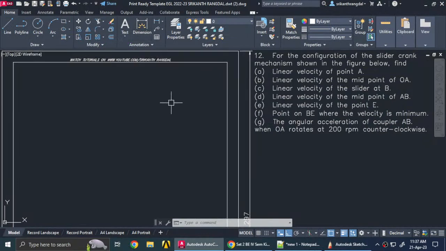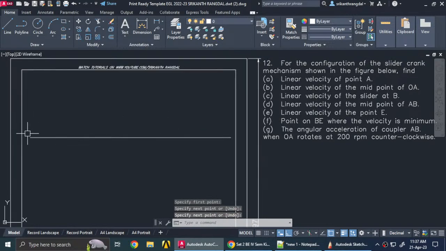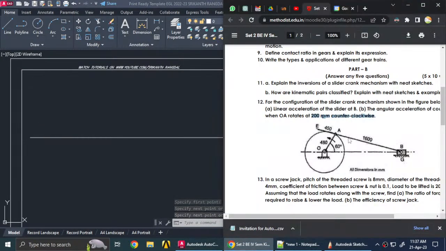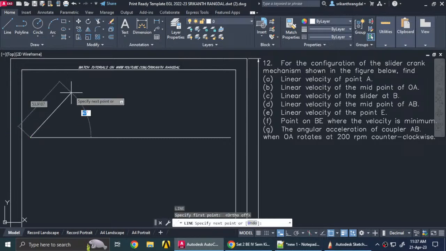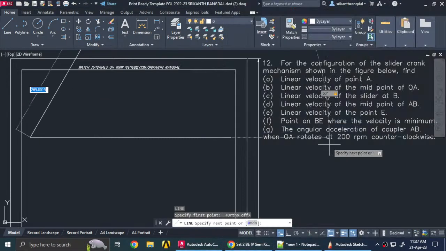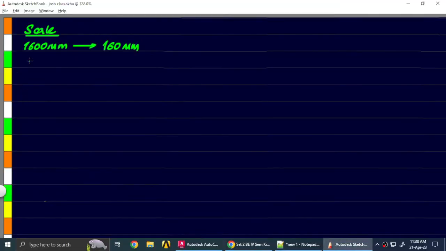Okay, so let's draw a horizontal line here, and then we have to start by drawing this angle over here. If you see the diagram here, the angle has been given as 60 degrees. So let's take a line at an angle of 60, and its length here is 480 mm.